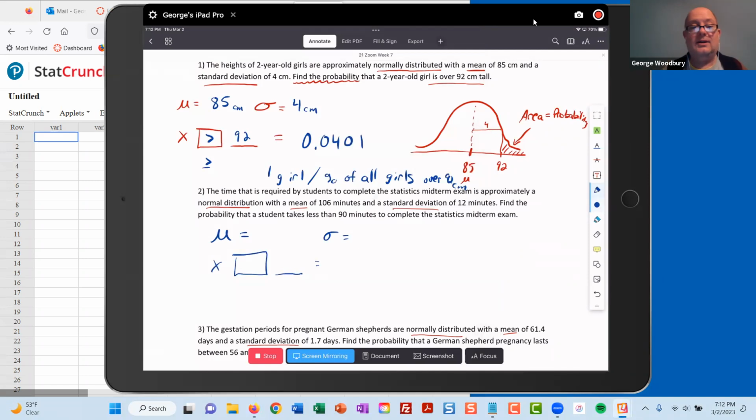So again, I want the mean, the standard deviation, and the sign, and the number that you're going to use for X. Then after you've got that, I want you to enter this information into StatCrunch and come up with the probability, and then we'll go over it.